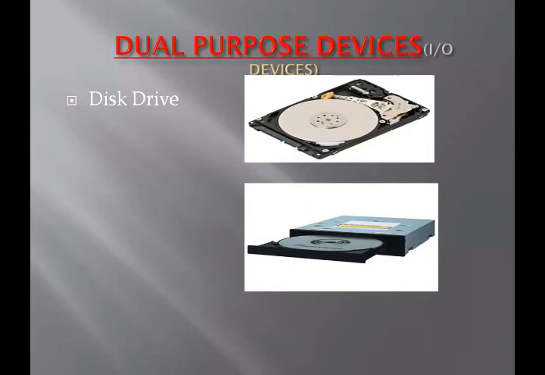The drive contains a motor to rotate the disk at a constant rate and one or more read-write heads which are positioned over the disk tracks. When the disk drive is used to read data from the disk, it falls in the category of input devices, while during writing data onto the disk, it is considered an output device.